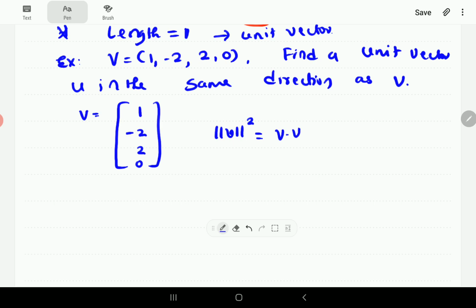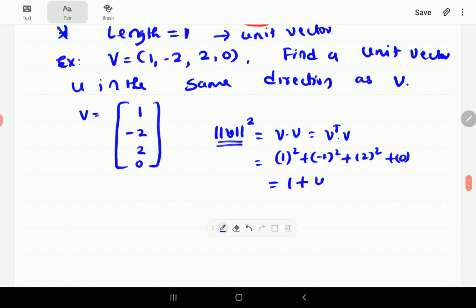So v dot v is, by definition, v transpose times v, which is 1 squared plus (-2) squared plus 2 squared plus 0 squared. I'm not taking the square root because I'm taking the norm of v squared. So it is 1 plus 4 plus 4, which is equal to 9.